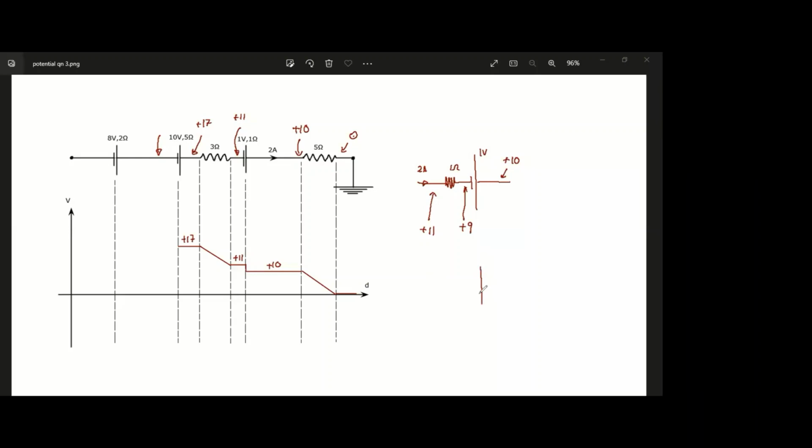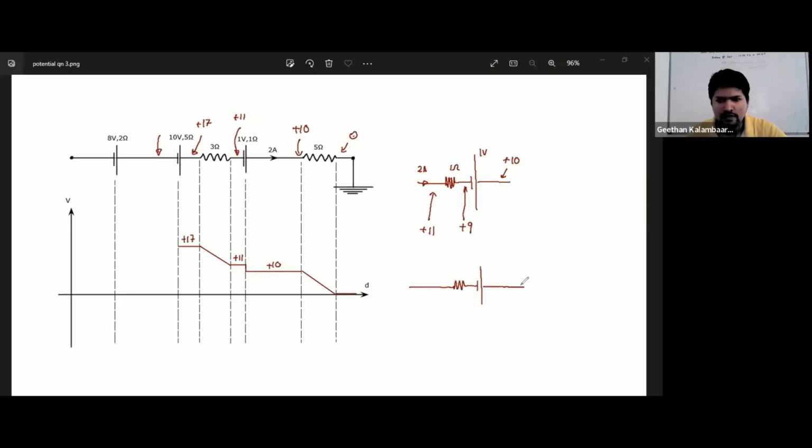It's going to be the same potential, no change. Why is that? Because here you have plus 17. Here the battery is 10 volts and this is 5 ohms. So here it is going to reduce by 10, so it's plus 7. The current is 2 amperes, so it's going to increase by 7 when you go from here to here. So it's again plus 17. No change. Plus 17 it is.